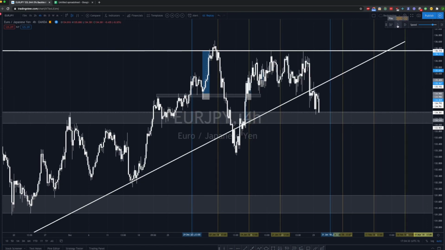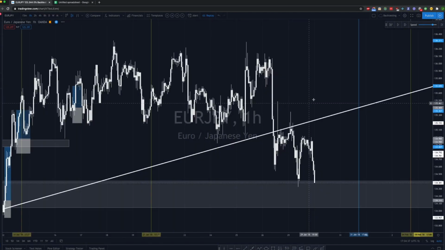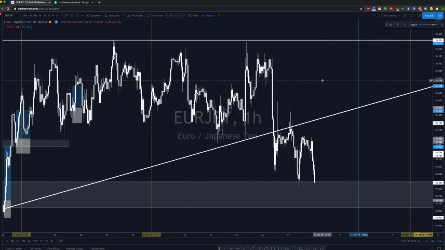So it just spiked in. All right, it's coming into my level. Here I'll drop to the lower time frame and start looking for any kind of bullish price action, whether it be some sort of signs of slowness and then a move. If I see signs of slowness in here, I'll probably take a position.